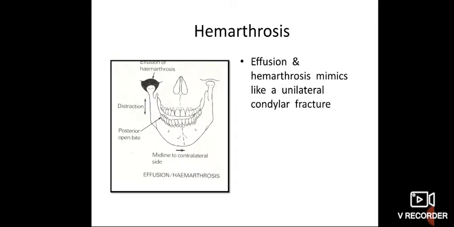Suddenly you might notice that the injury is on the right side, but all the features of ipsilateral condyle fracture on the left side will appear. And then you search, and there won't be any fracture noted on the left side. That is why you need to know this condition also, because the presence of a midline shift, premature contact, and an open bite on the opposite side doesn't mean that there is a fracture on the left side.